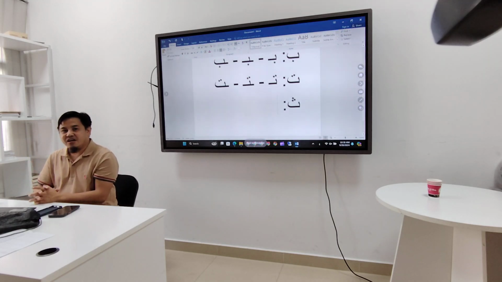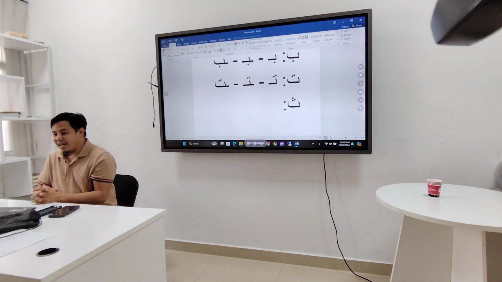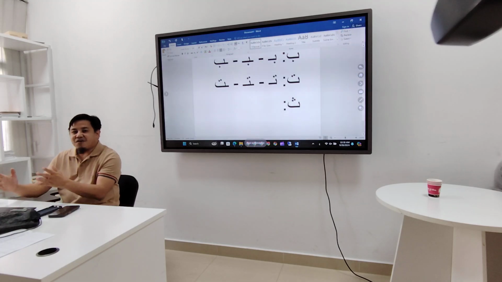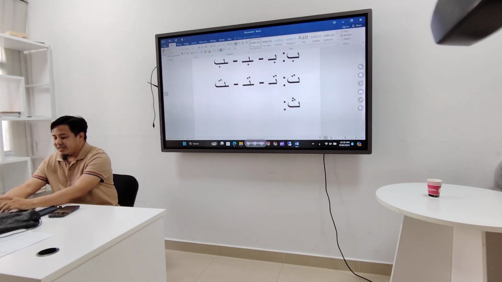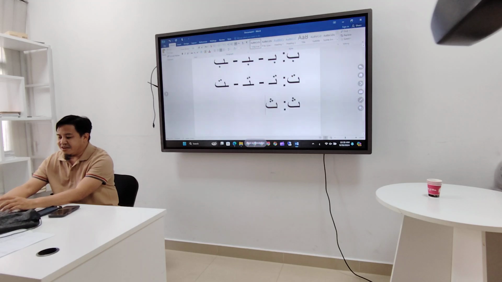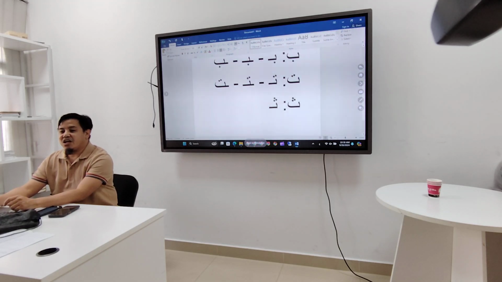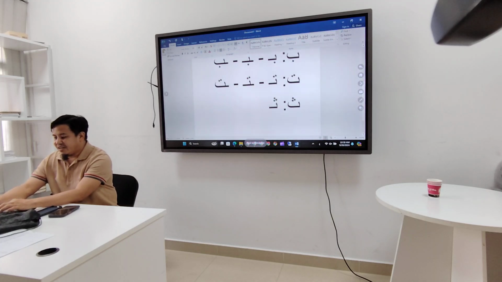For the initial form of tha, there is tha here, then a connector, in preparation to be connected to the next letter, any consonant letter from the Arabic alphabet. The medial form is also similar to ba and ta: you have the connector and put tha in the middle, with a connector to the next letter.